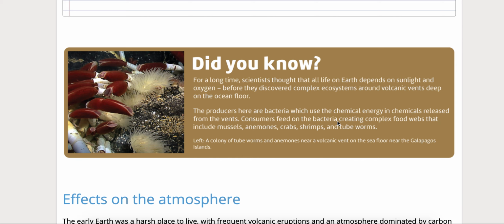Consumers then feed on the bacteria, causing complex food webs that include mussels, anemones, crabs, shrimps, and tube worms. On the left-hand side here, what we can see is a colony of tube worms and anemone near a volcanic vent on the seafloor, located near the Galapagos Islands.